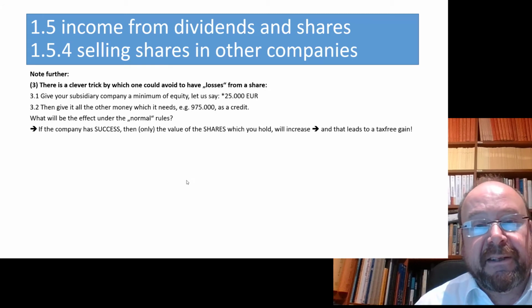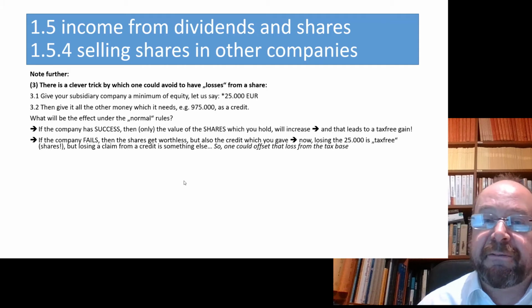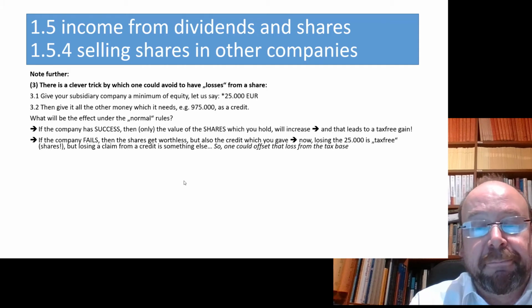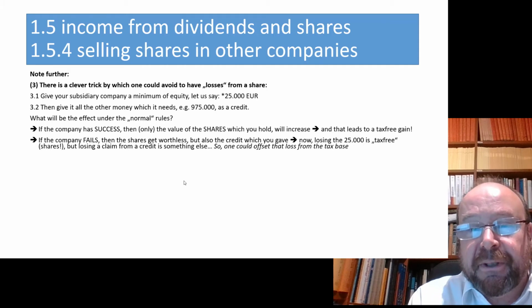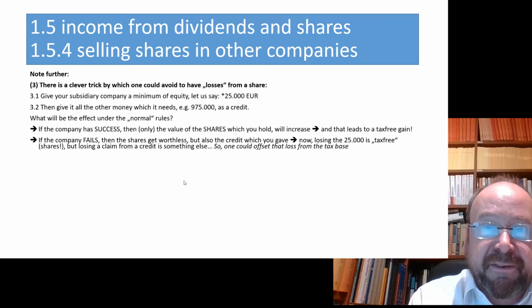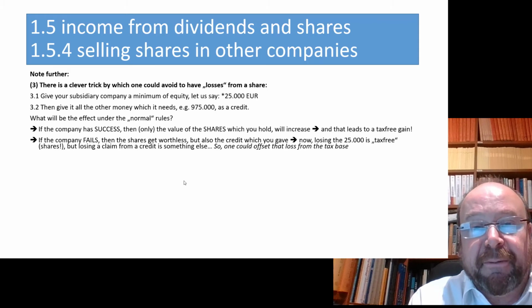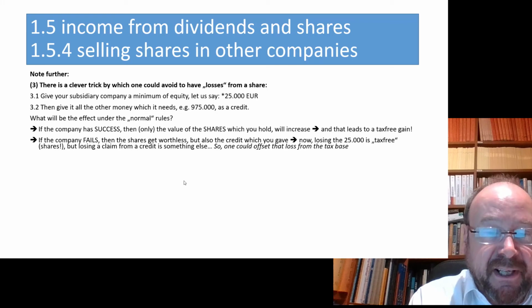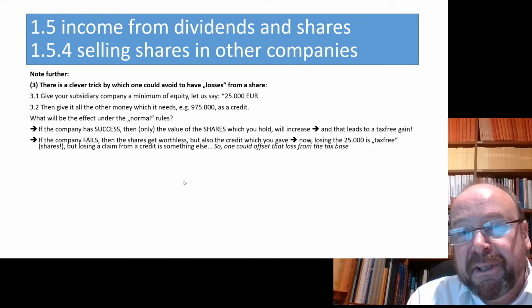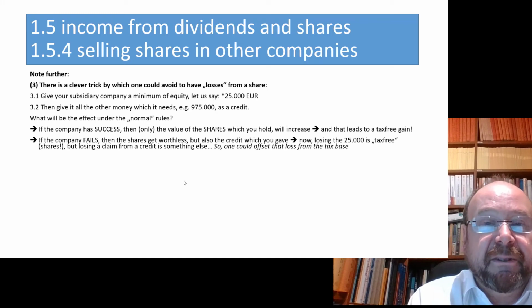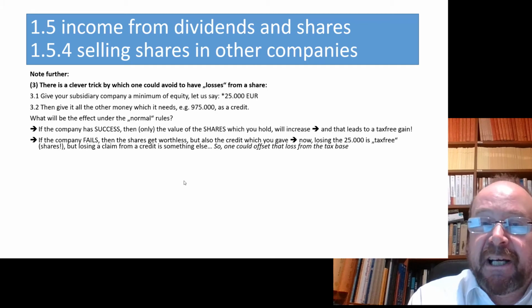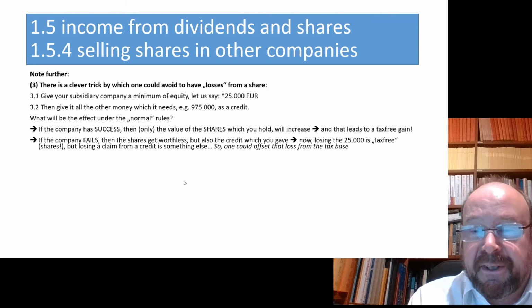Now, on the other hand, there is another drastic alternative. The company fails, goes bankrupt. Then the shares become worthless. You lose 25,000 euro cost of acquisition from the shares. That loss is non-deductible. And probably you lose your credit repayment claim, so you have an additional loss of 975,000 euro.